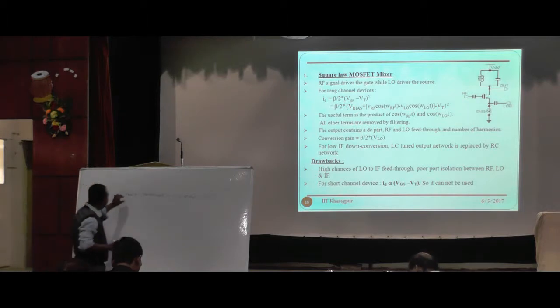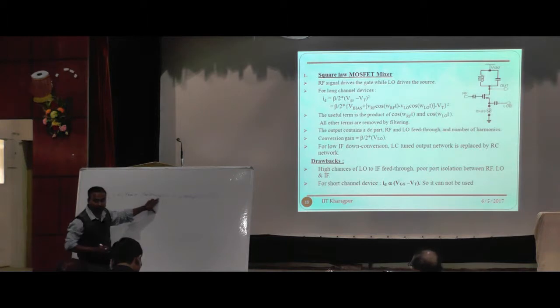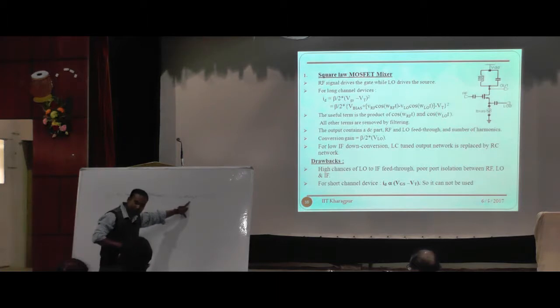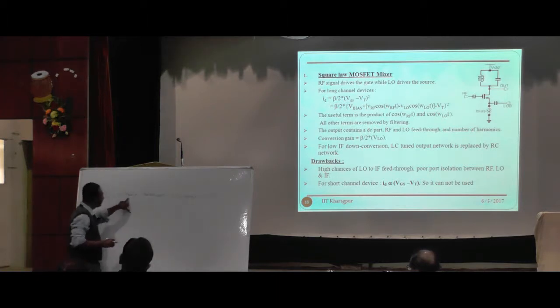And you see that finally there is a term called V bias into VRF cos omega RF t. There will be a term called V bias into VLO into cos omega LO t. There will be a term called (V bias minus VT) whole square.